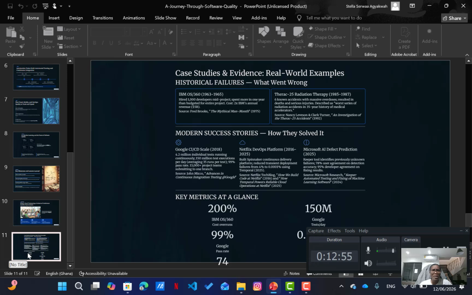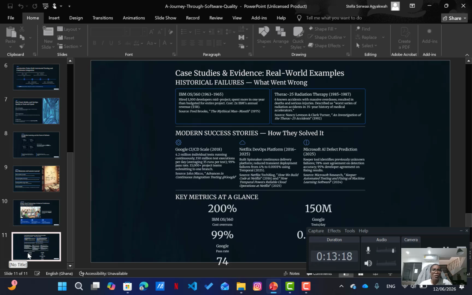Microsoft also uses AI-powered tools to detect software defects automatically, improving efficiency and reliability. Real-world examples show that poor quality can cause disaster, while good quality practices lead to success.